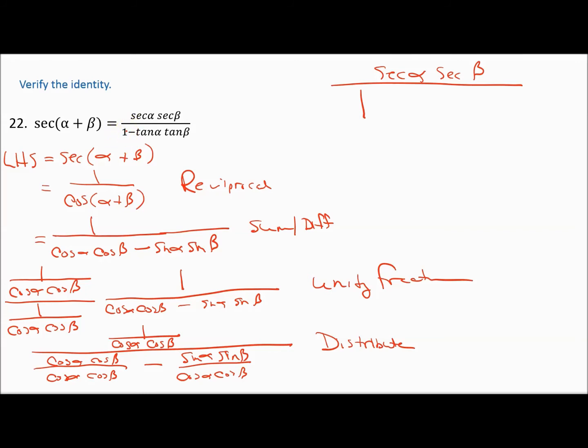And then sine of alpha over cosine of alpha is tangent of alpha, so minus tangent of alpha. And then sine of beta over cosine of beta is tangent of beta. And we used the reciprocal property, and we used the quotient property to get to the end.